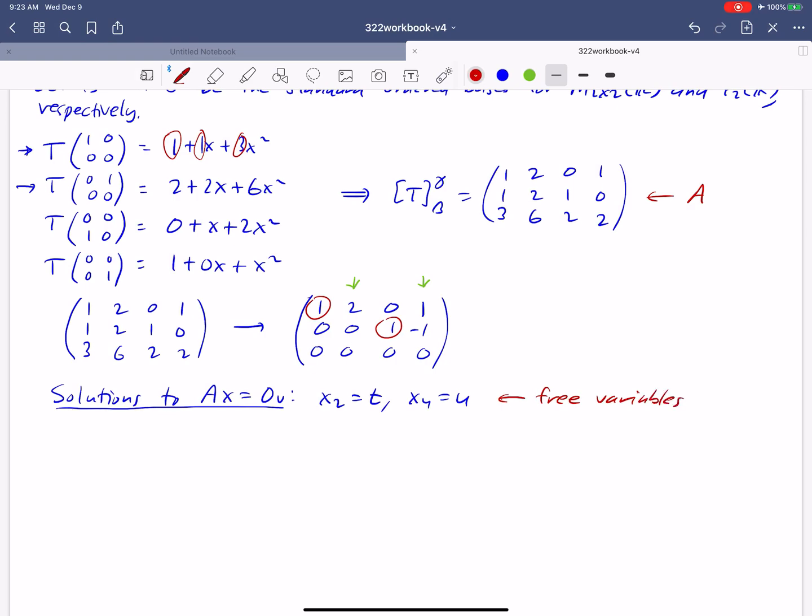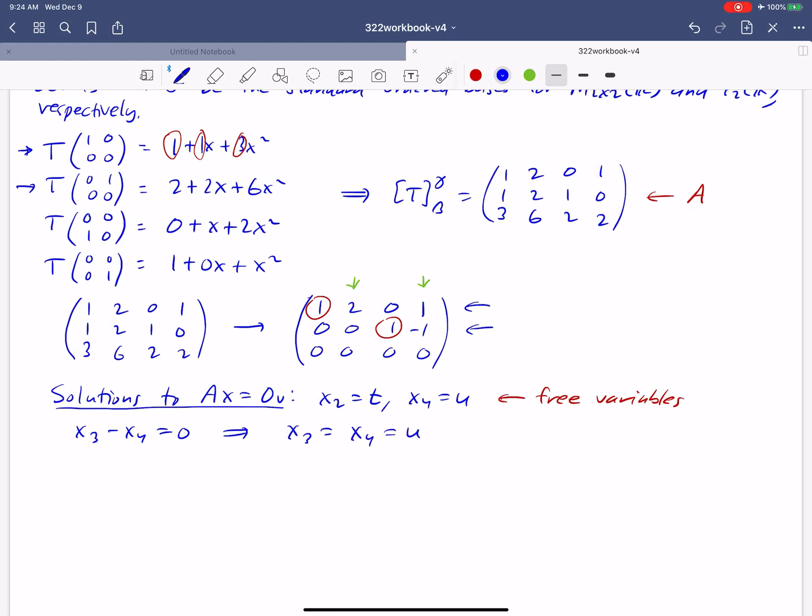And we can go up to our matrix and figure out what the other two variables are. Okay, so maybe starting with the second row there, if we read that off, put a 0 on the right-hand side, we're going to get x3 minus x4 equals 0. If we solve it for x3, we get x3 equals x4, and we know that x4 is u.